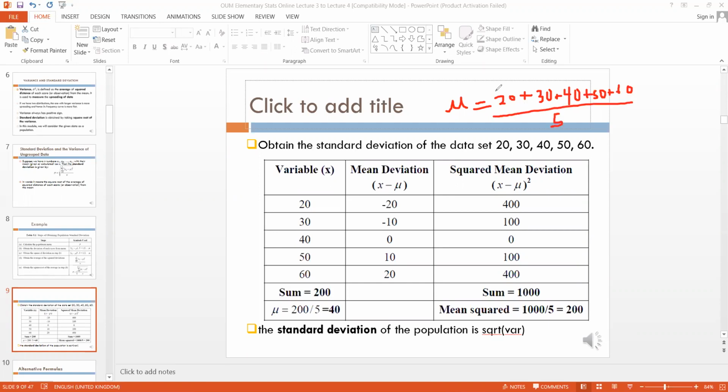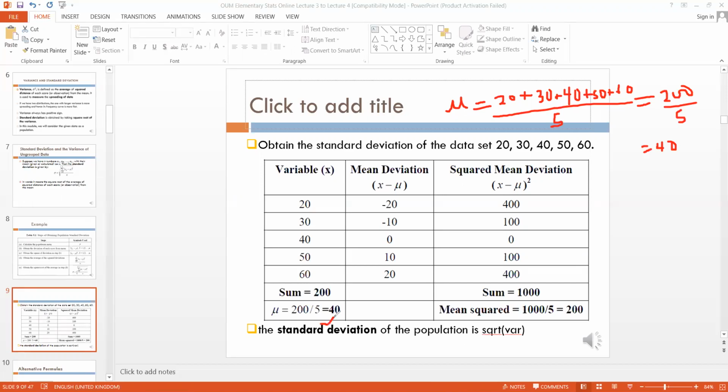When you do this summation, you get 200 over 5. That gives us 40. So this is the mean here.